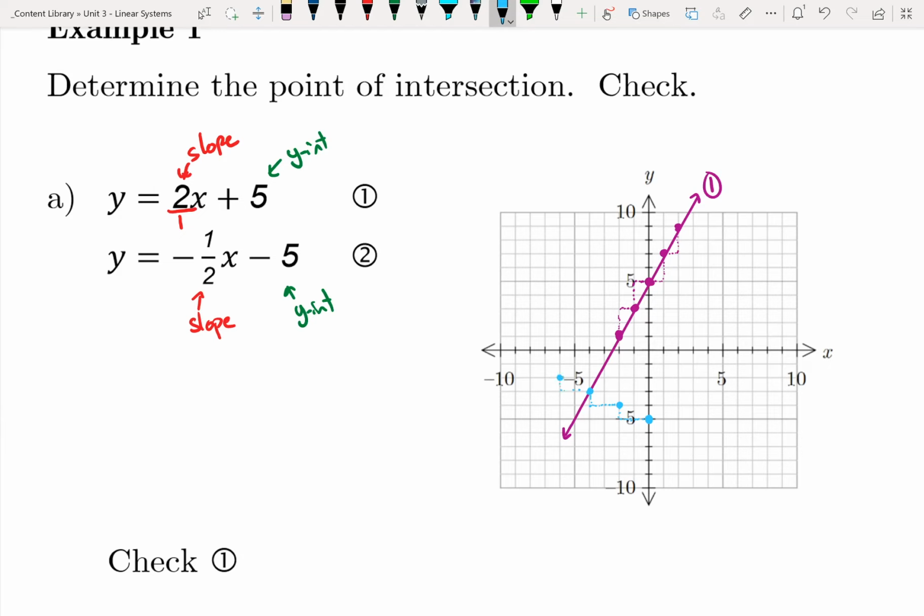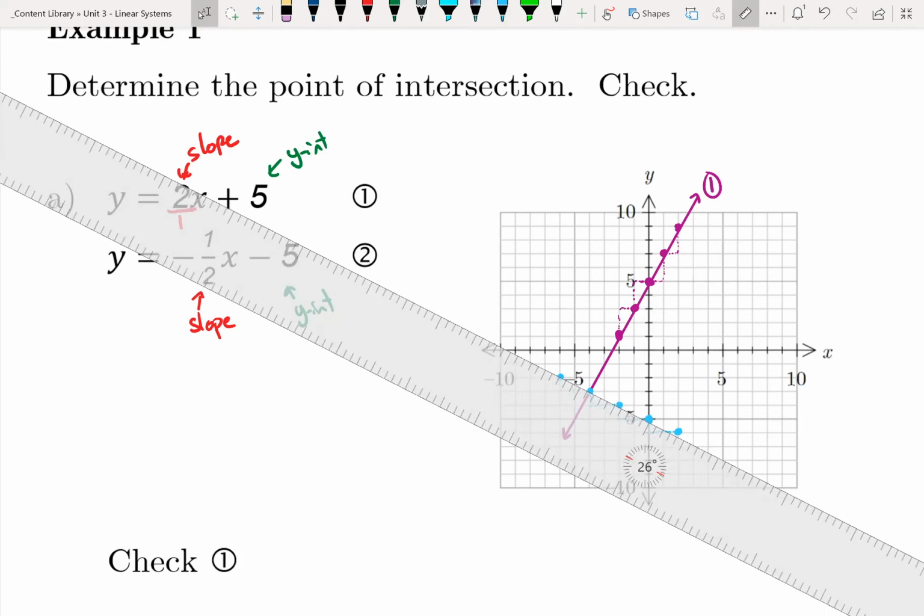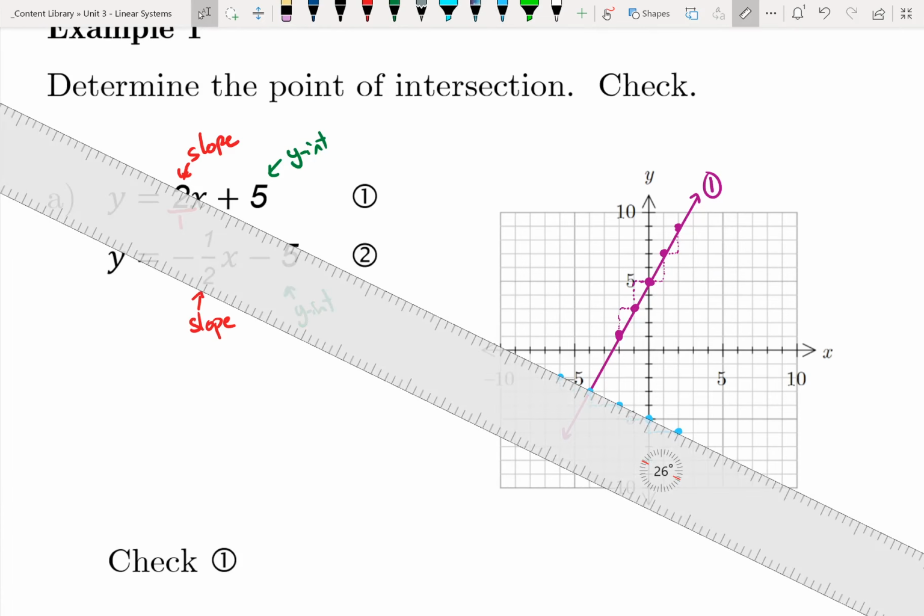Left 2, up 1. Left 2, up 1. I can continue going in the opposite direction too, down 1 to the right 2. However, I can already see where my lines are going to cross, so I can stop there and draw my straight line in.